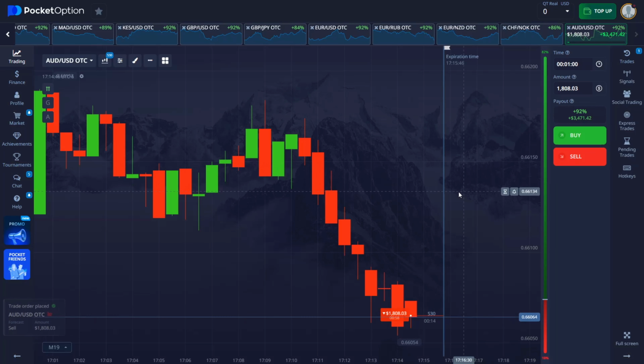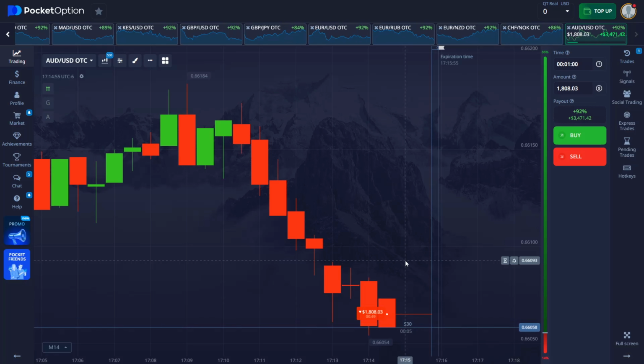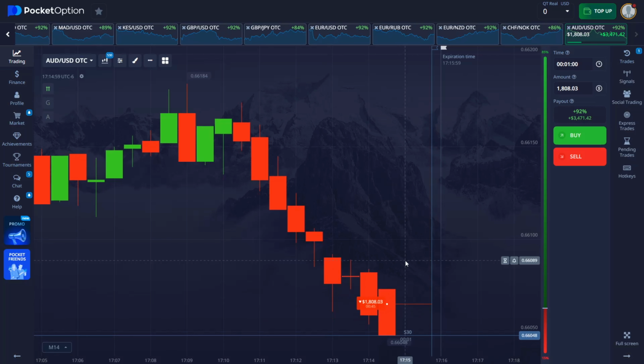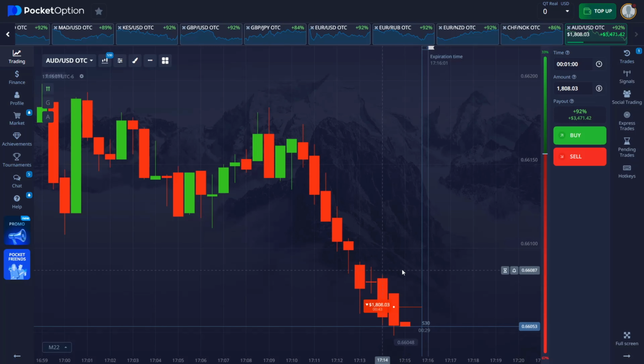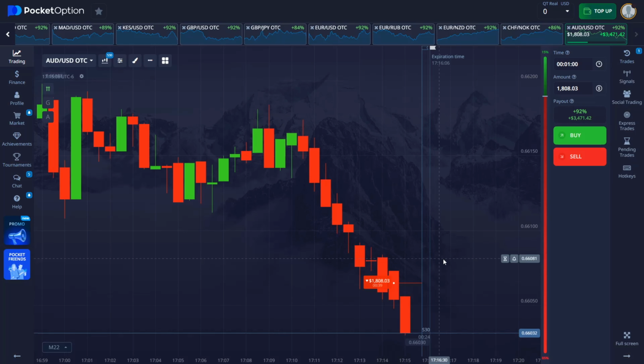Now, another thing, guys, I saw a doji right here. Based on doji breaks, sometimes a doji breaks and the price might reverse. Sometimes it breaks and it might continue. Now, in this particular situation, I could see that this doji is a continuation sign doji. Not all dojis work the same.